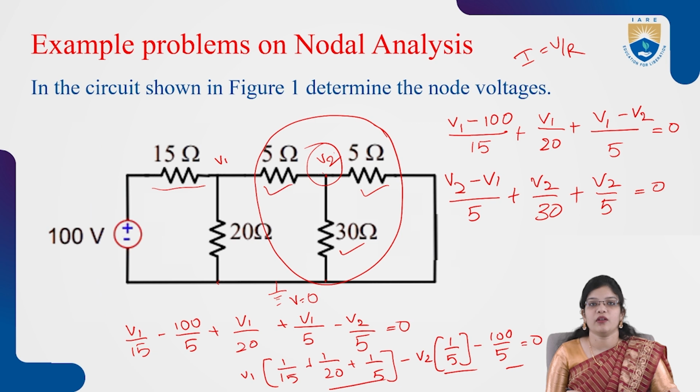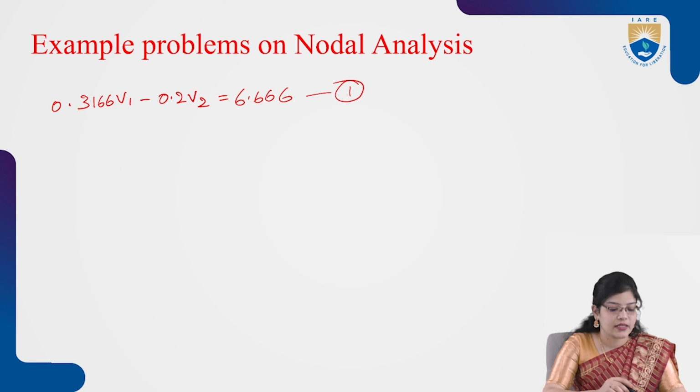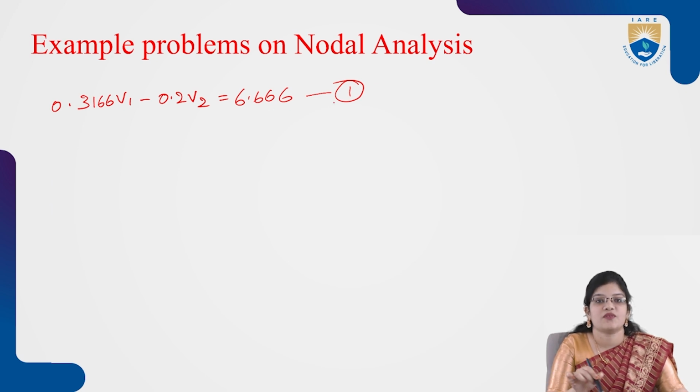After substituting and solving all these values, we get the equation as 0.3166 V1 minus 0.2 V2 equals 6.663. So this will be considered as equation 1.